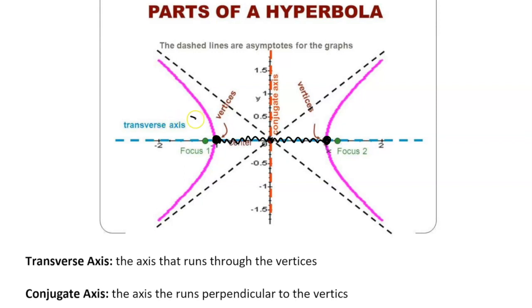So basically the transverse axis represents wherever the vertices connect with each other. If you take a look at our definition right here, the transverse axis is the axis that runs through the vertices. Running perpendicular to the transverse axis would be the conjugate axis. And every hyperbola will have a transverse axis and a conjugate axis.